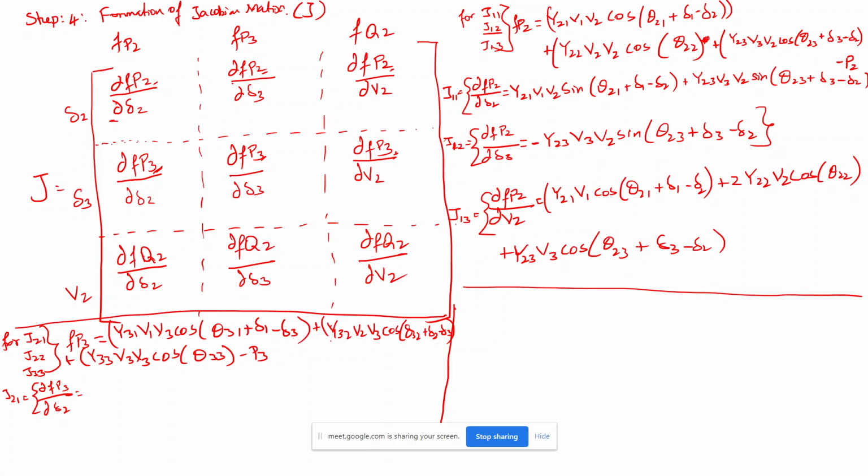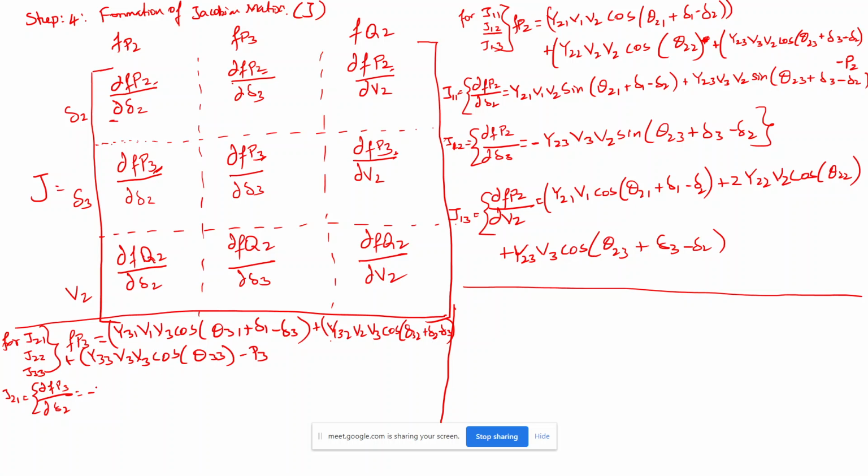With respect to delta 2, there is no delta in this first component, and there is a delta 2 in the second component, and it is a cos and delta 2 is plus only, so I will get minus here, and it is cos, so it will be sine.